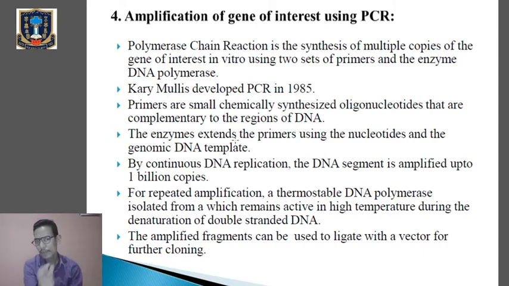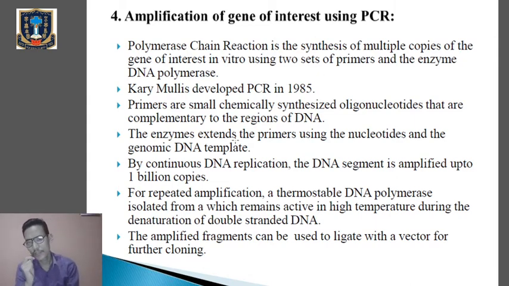Each fragment of DNA can be utilized for the construction of recombinant DNA after its ligation with the vector DNA. But if you want to make multiple copies of a single DNA fragment, then we have to go through the technique of PCR, polymerase chain reaction.